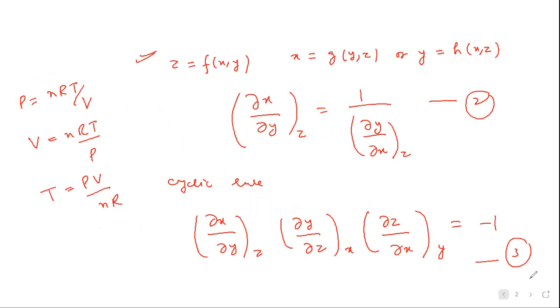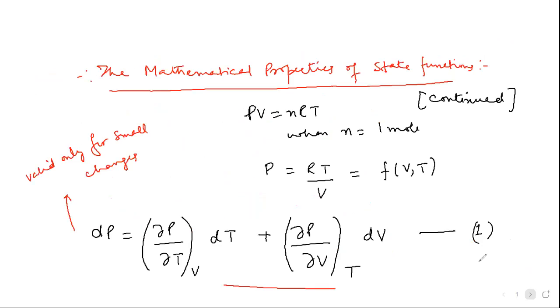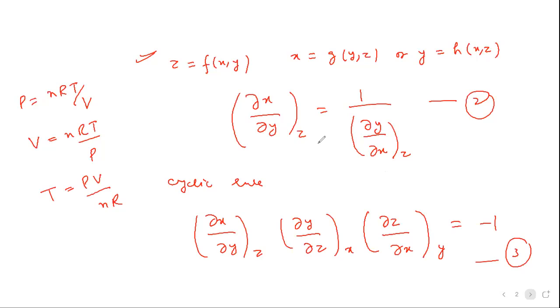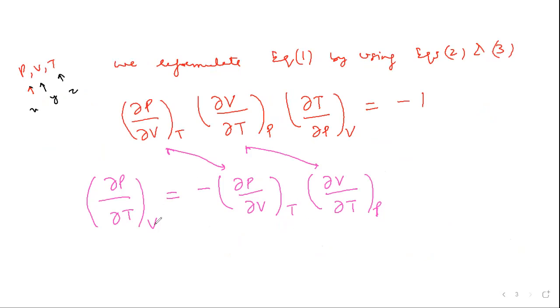So I can write that reciprocal equal to dou P by dou T at V, and minus will remain. Got it? So I shift this to the right hand side, it will be downstairs, then I make use of the reciprocal rule, 1 by -1 by dou T by dou P at constant V will be written as minus times dou P by dou T at constant V. So I get this expression.